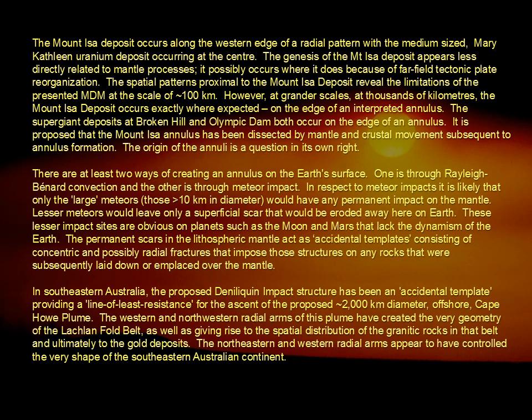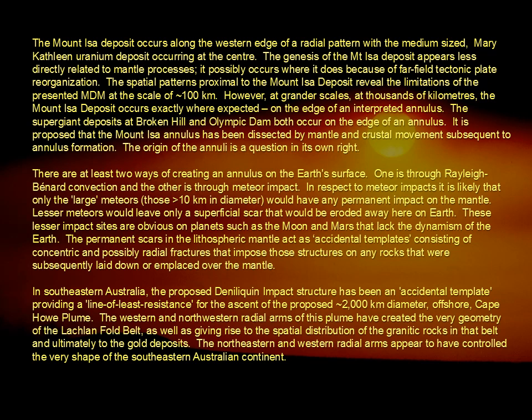In southeastern Australia, the proposed Deniliquin impact structure has been an accidental template providing a line of least resistance for the ascent of the proposed 2,000-kilometer diameter offshore Cape Howe plume.